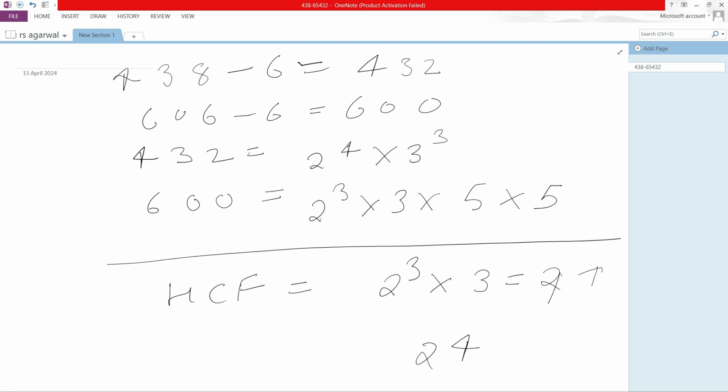To verify the result, if you divide 438 and 606 by 24, after division we will get the remainder 6. So 24 is the answer. 24 is the largest number which divides 438 and 606 and leaves the remainder 6 in each case.